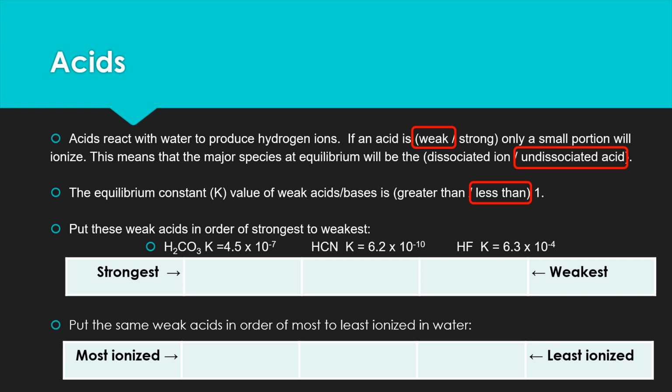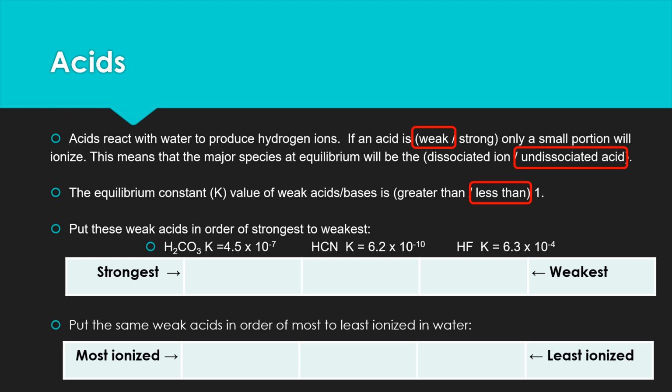But remember, the exponent moves that decimal, and that's going to change our values by a much greater amount. So if we want the strongest of these acids, we want to have the highest K value, which means the K value with the least number of decimal places in this case. So that would be our first one.